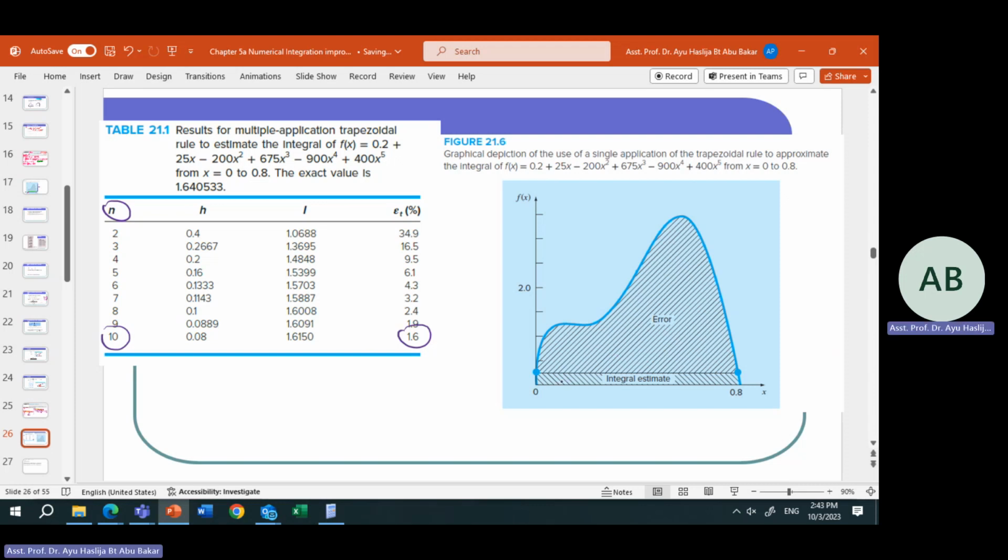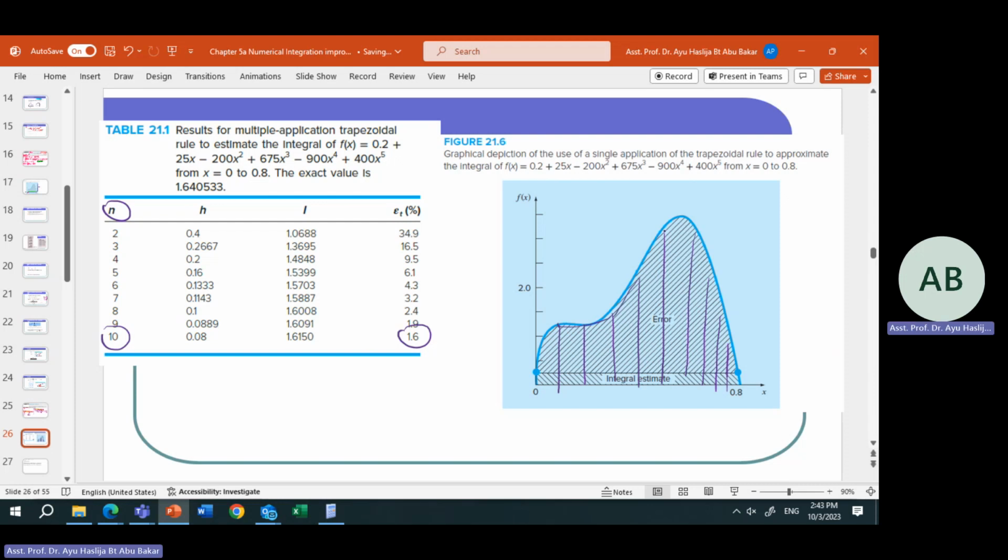Just now it was only one segment, so it is divided into 10 segments. The error is reduced a lot because it involves many segments.